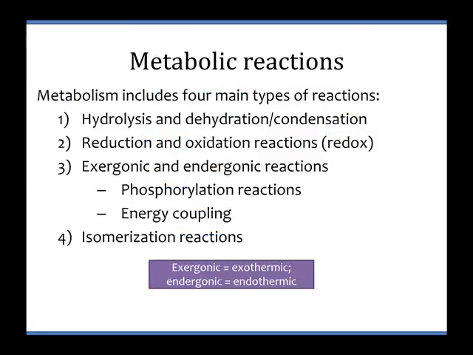Okay, let's get into our different types of chemical reactions. Here I have the term metabolic reactions. I'm actually not sure I like that term. Now that I think about it, let's replace that term with chemical or enzymatic reactions.